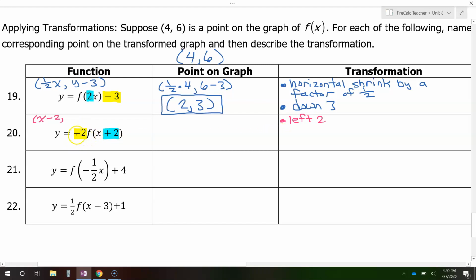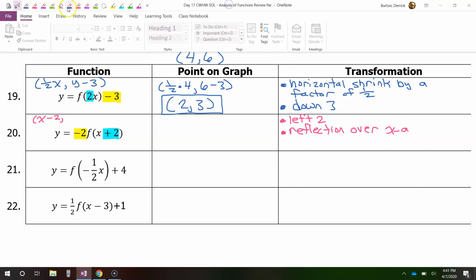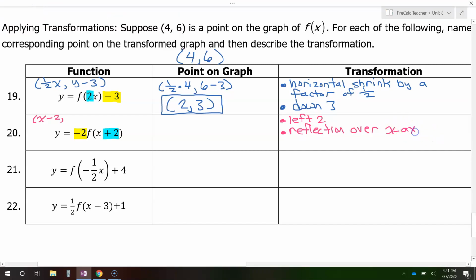The negative sign, all by itself, is a vertical reflection, or some people call it a reflection over the x-axis. Reflection over the x-axis. But you could call it a vertical reflection if you want to.